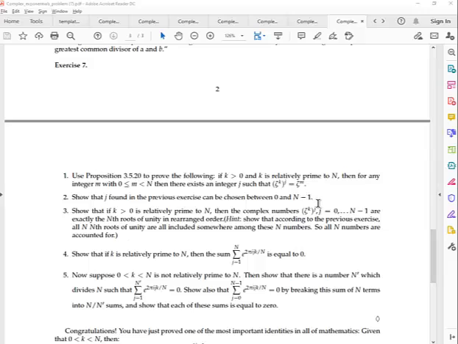So the angles are 2 pi over 5, 4 pi over 5, 6 pi over 5, 8 pi over 5, and then 10 pi over 5 takes you back again. All right, so those are the roots.